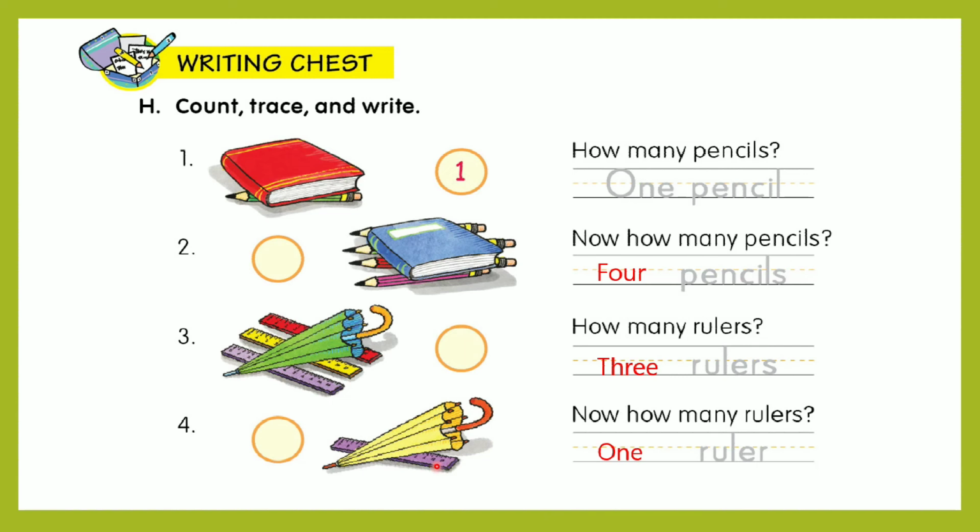Yes, I can see only 1 ruler. It's a purple ruler and it's under the yellow umbrella. So it's true, 1 ruler.